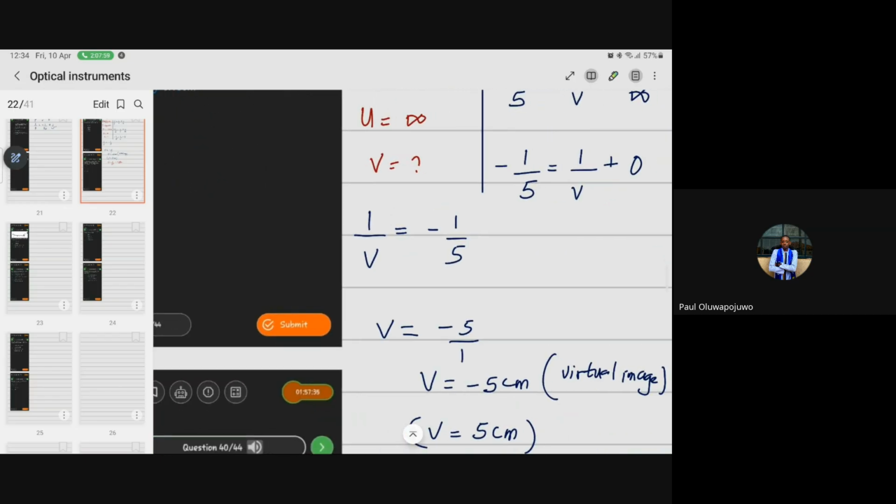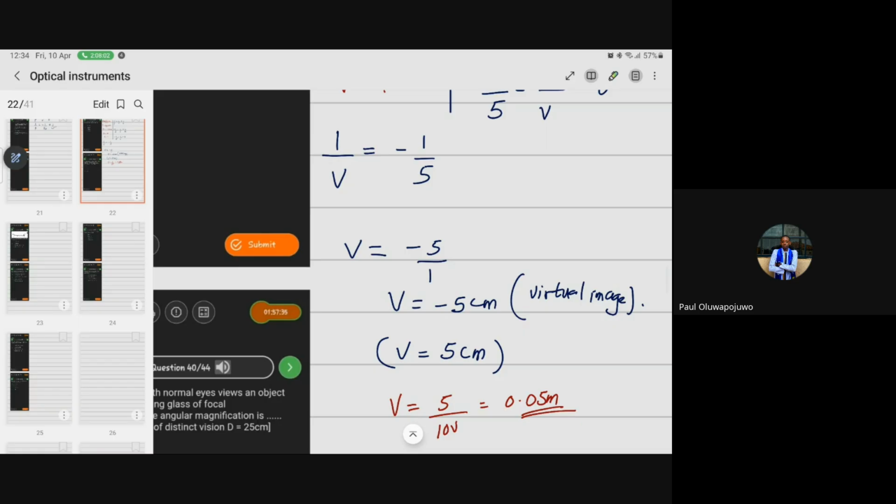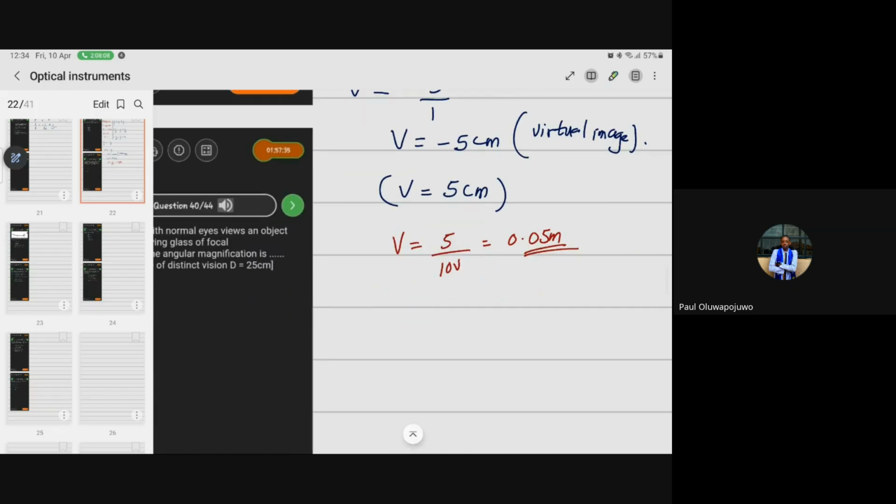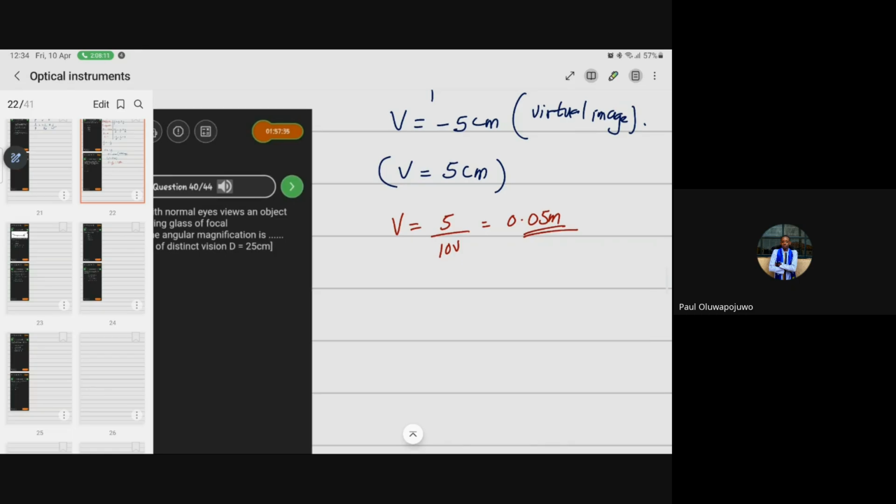1 over V equal to this. 0.05. Why is it that we did it right? Which other method do you want us to use for this particular problem?